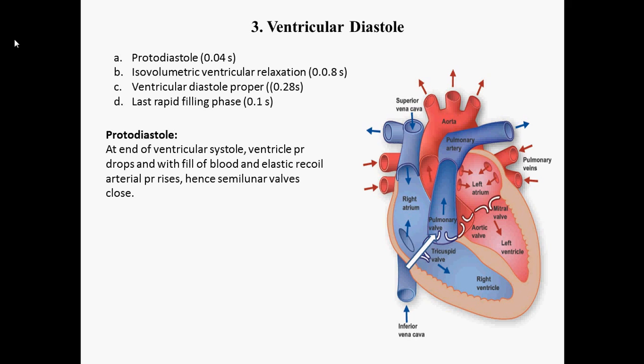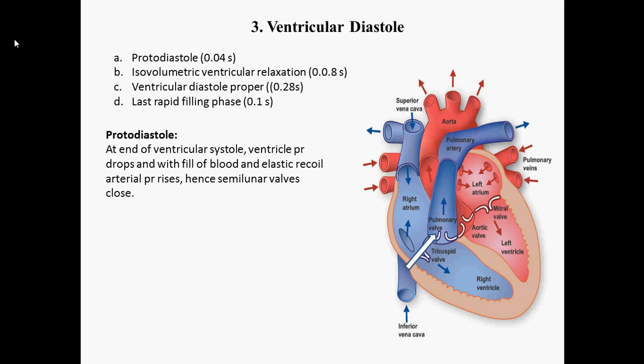That is, the blood entered into the arteries, the windkessel vessel effect, and as a result the arteries expanded, and now because of the elasticity of the arteries they are elastic recoiling, coming back to their actual position.